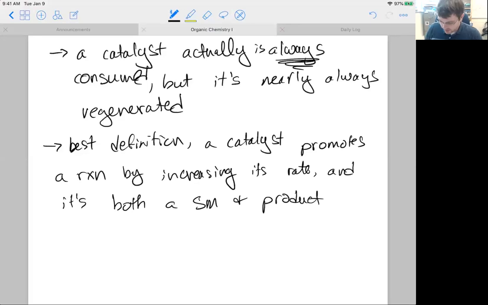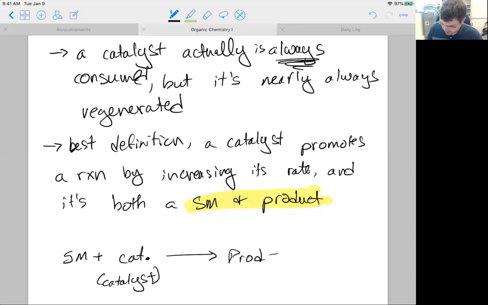Okay, so that's this last line, which is where people like to say it's not consumed. And so what you get is starting material plus cat. Now, cat with a period is the abbreviation for catalyst. If you forget the period, you've just written the word cat, and so you're describing a mammal. I know it's funny, but details are important. So basically what we're saying is starting material plus cat gives rise to product plus cat.